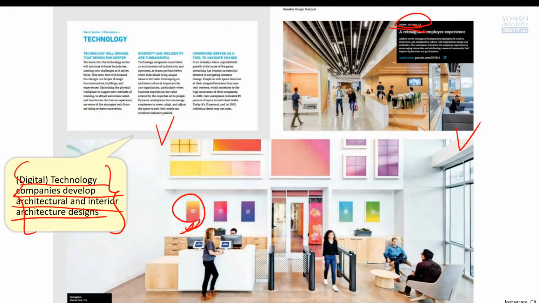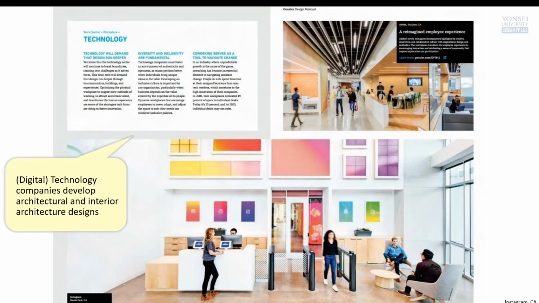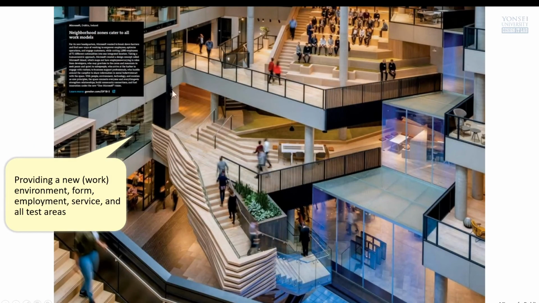That's sort of the changed roles between designers and clients. That's one of the trends declared by Gensler.